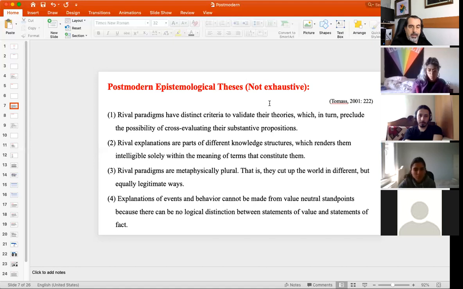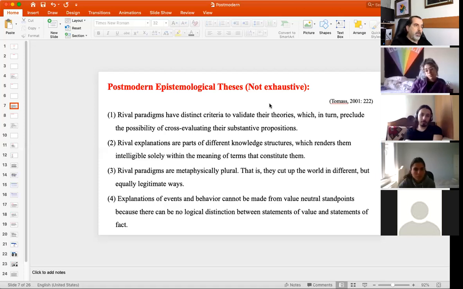And rival paradigms are metaphysically plural. That is, they cut up the world in different but equally legitimate ways. Traditions are neither good nor bad, they simply are. There is more than one scientific tradition, etc. And explanations of events and behavior cannot be made from value-neutral standpoints, because there can be no logical distinction between statements of value and statements of fact.